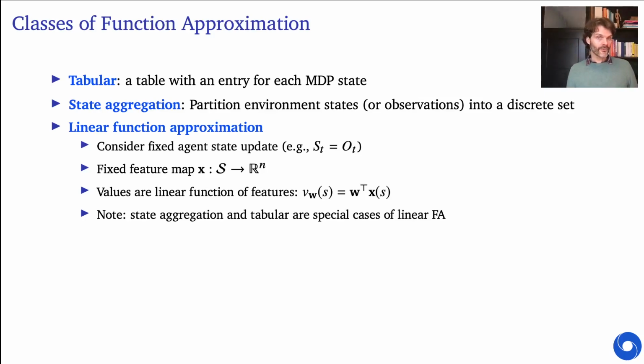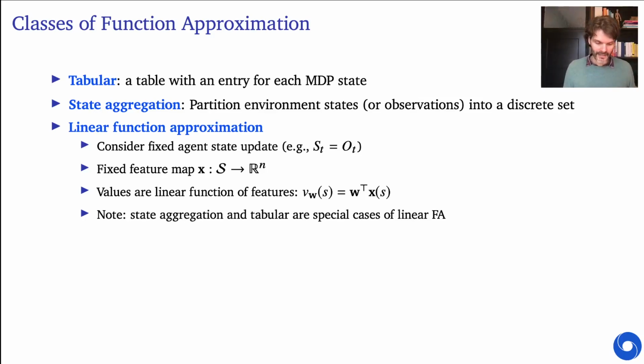Now, state aggregation is very similar, except that the size of the feature map is no longer necessarily the same as the number of states. So n, what we call that here on the slide, the number of outputs of this feature mapping, the number of features, would not be equal to the number of states, and would typically be much, much smaller. And you could indeed even apply this to continuous state spaces. But then it would still be a one-hot representation when we do state aggregation.